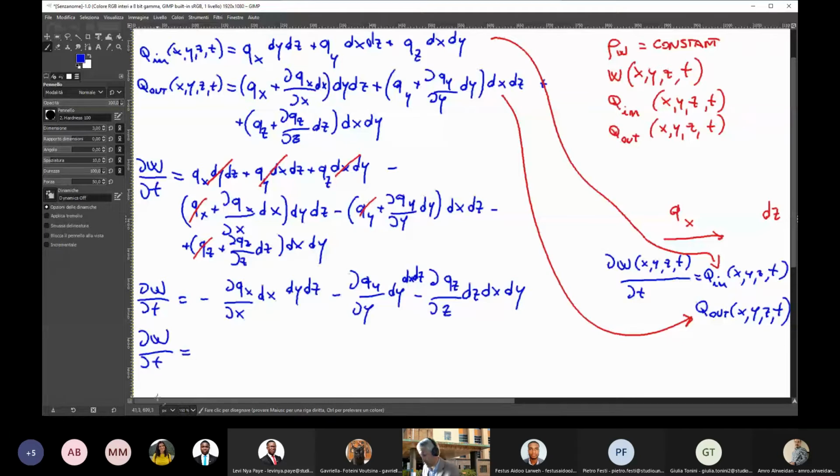Derivative of w with respect to time is equal to minus partial derivative of qx with respect to x plus partial derivative of qy with respect to y plus partial derivative of qz with respect to z in the x, the y, the z.